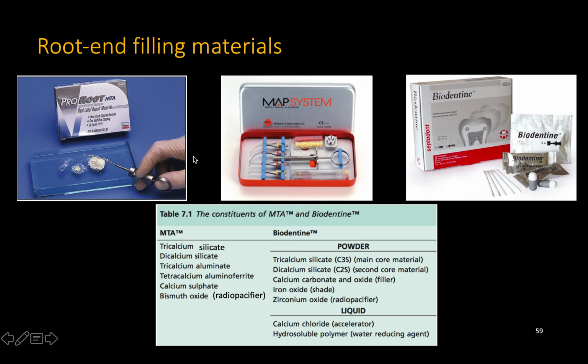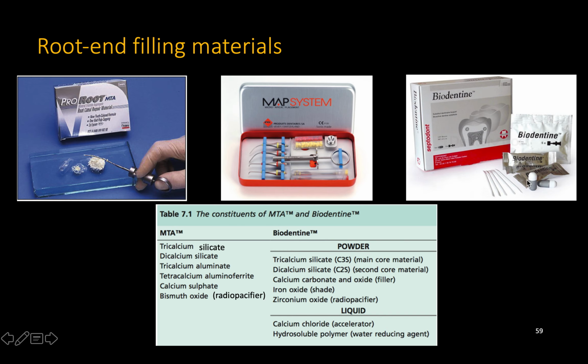You mix them together, and then you use a special carrier system, the MAP system or the microapical placement system. It's like an amalgam carrier, but it has a long flexible tip, and it comes with different angles, different diameters depending on which tooth you're working on.